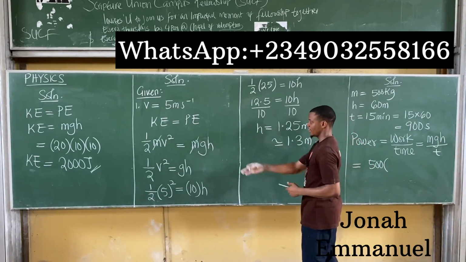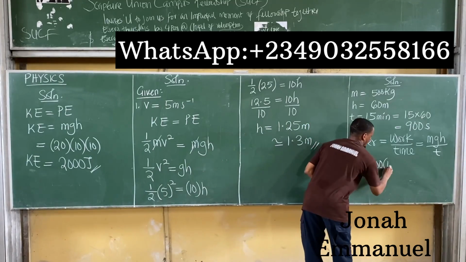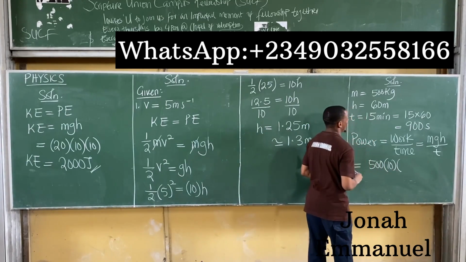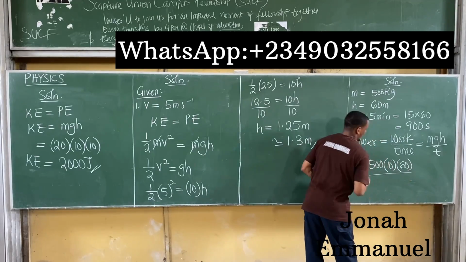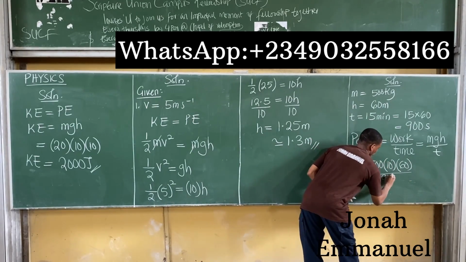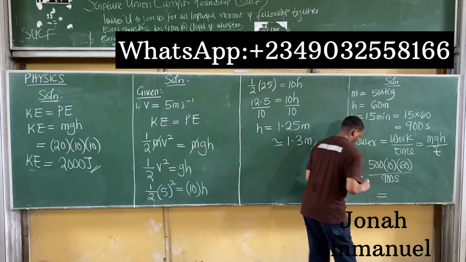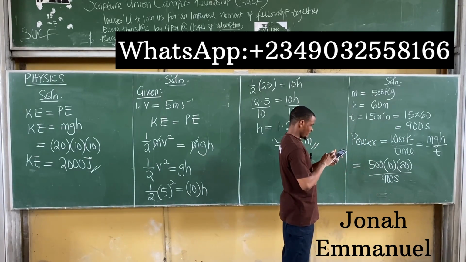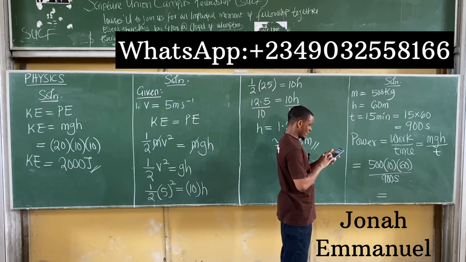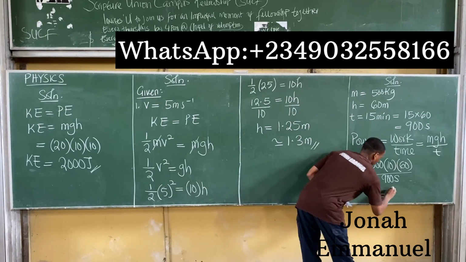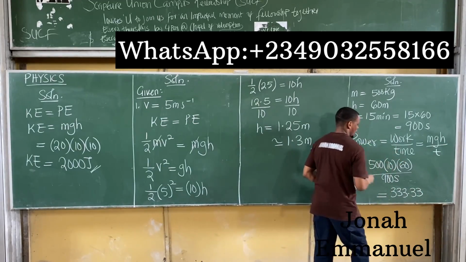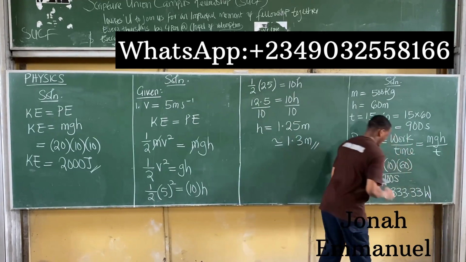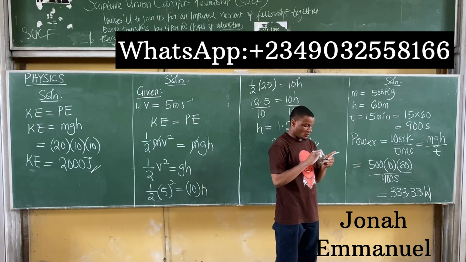Just as I used 10 before, let me still use 10. So 10 meters per second squared times height. The height given here is 60. This is all over the time, which is 900 seconds. Let me punch this. I'm having 500 times 10 times 60 all over 900. My value here is 333.33. Power is measured in watts. So I'm having 333.33 watts.